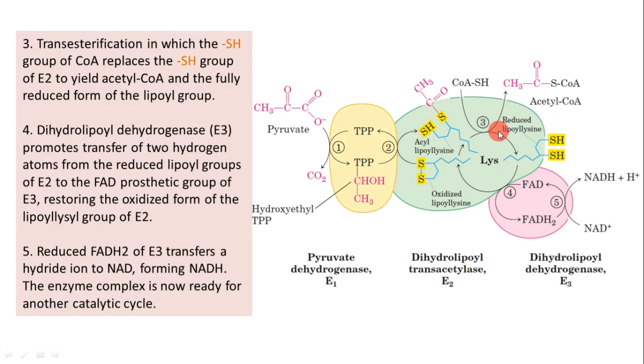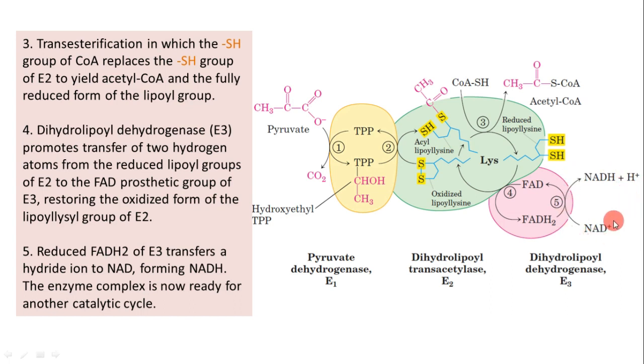And in the fifth step, the reduced FADH2 of E3 transfers a hydride ion to NAD, forming NADH. Here the FADH2 donates its electrons and hydrogen atom to NAD plus, thereby it is reduced into NADH plus H plus.